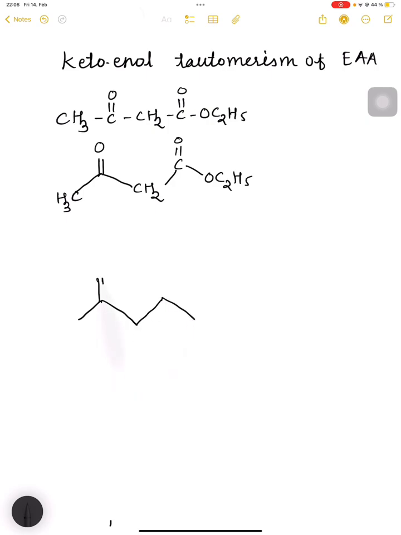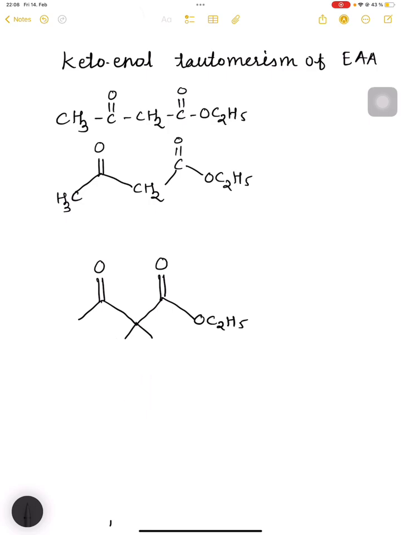Now we can write this in this form also, CH2 C double bond O OC2H5, CH3, C double bond O.